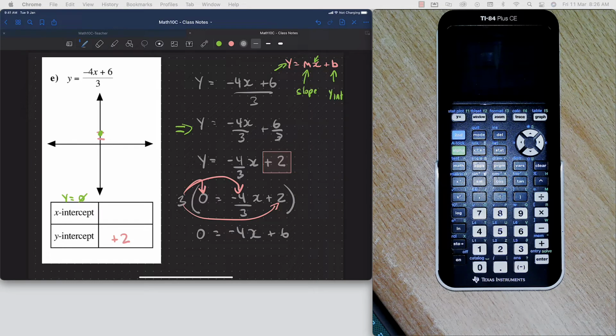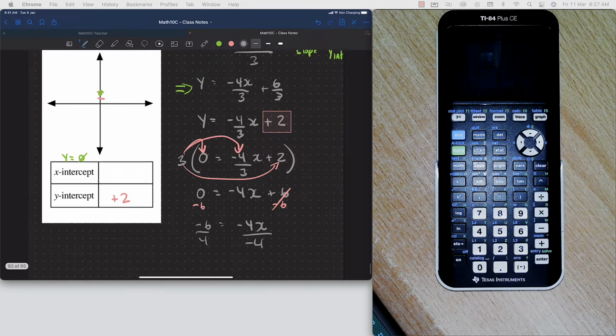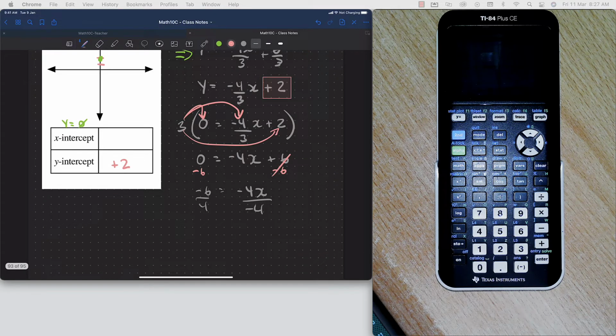Okay, so now we want to take this 6, move it to the other side so that we can begin to isolate the x. That eliminates that. And now I'm left with negative 6 equals negative 4x. And I'm going to divide both sides by negative 4. And I'm going to get an elimination right there. And I've got x equals negative 6 over 4.